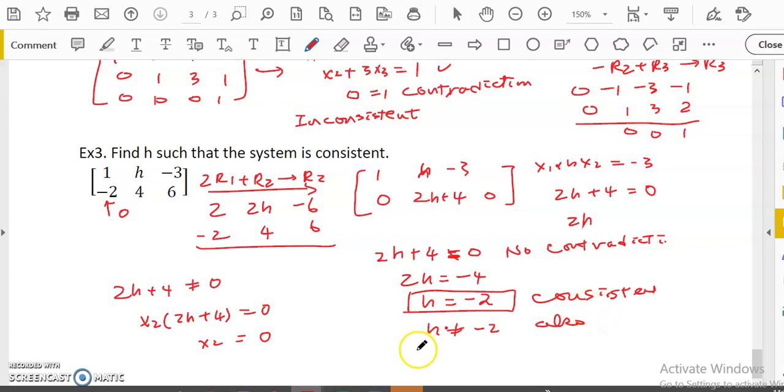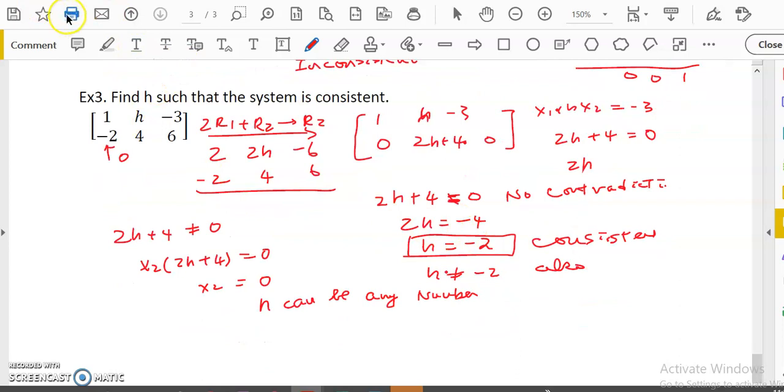So that means h can be any number. If it's 0, when h is negative 2, 0 is 0, it is consistent, it is not a contradiction. If it is not 0, then x3 will just be 0, right? So it's still okay. You can still solve it.